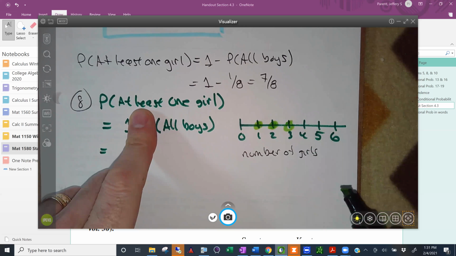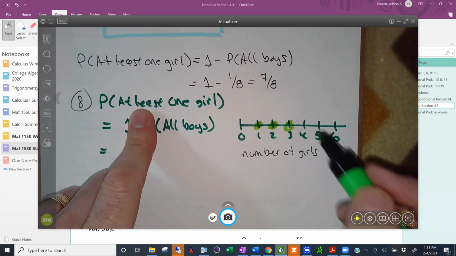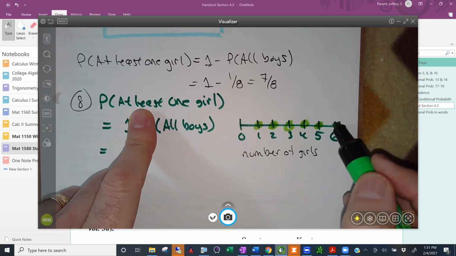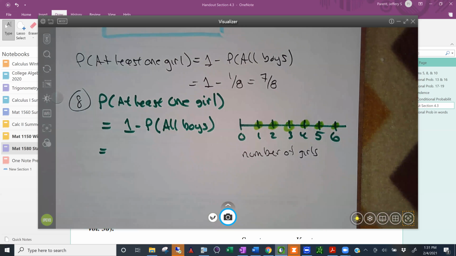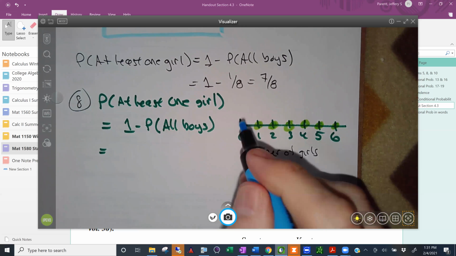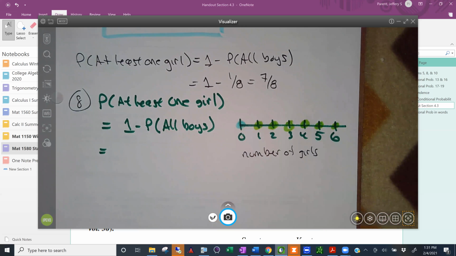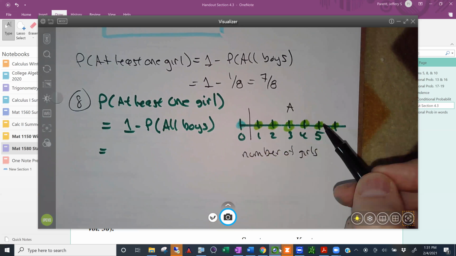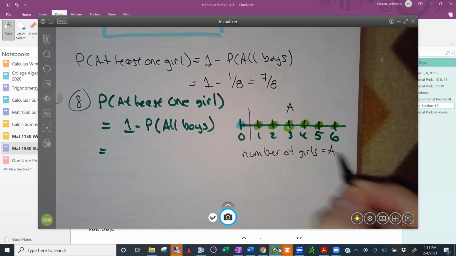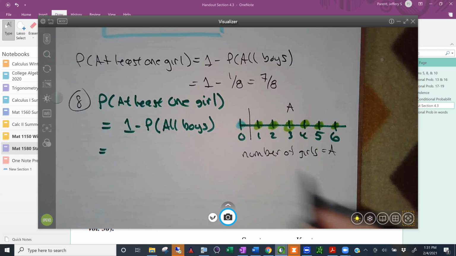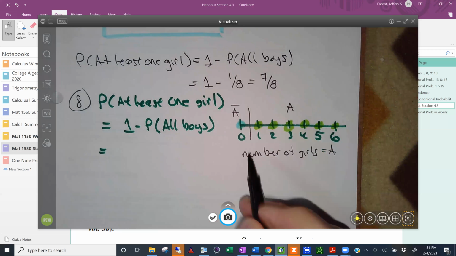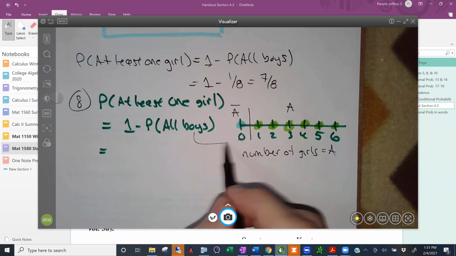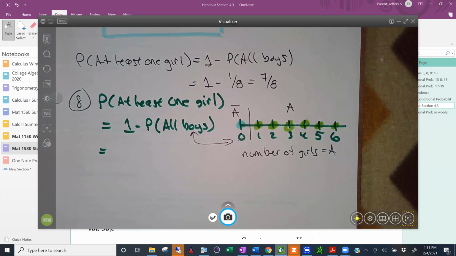Should I stop there? No, it's all of them. All of them except which one? 0. So I've kind of got a dividing line right here. This is event A. That's at least one girl. This would be A bar: 0 girls, and 0 girls is the same as all boys.